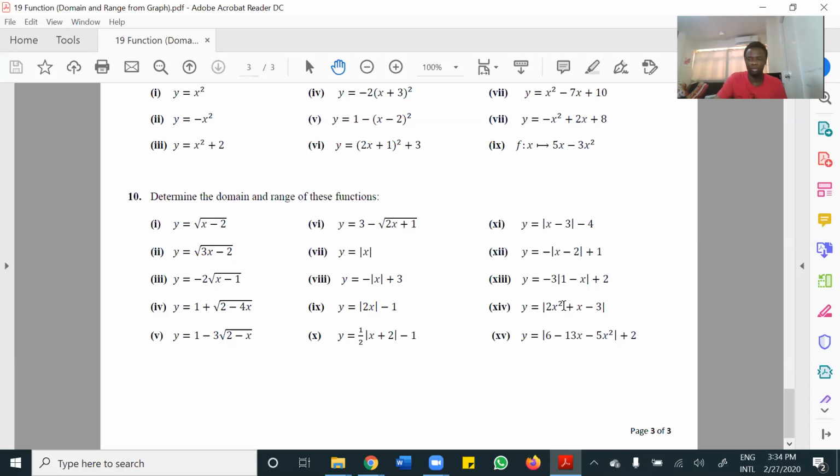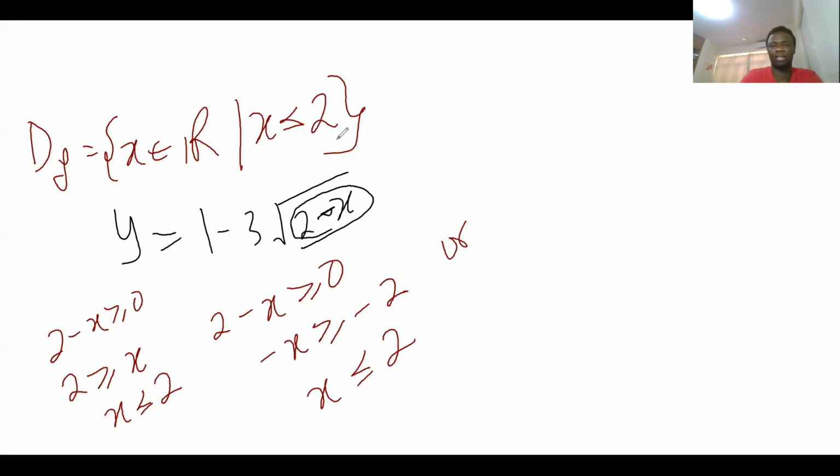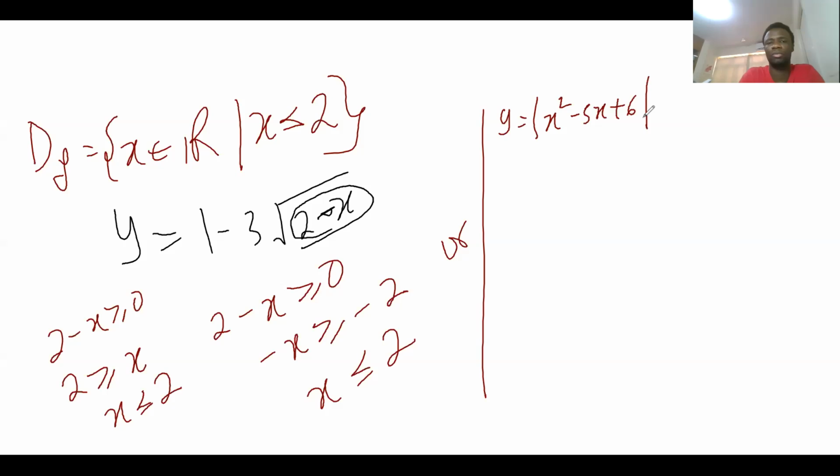So for example, if I want to see the domain and range of functions like y equals the absolute value of x squared minus 5x plus 6, for example. Maybe that is too close. Say, x squared minus x minus 12, which will give me 3 and 4.